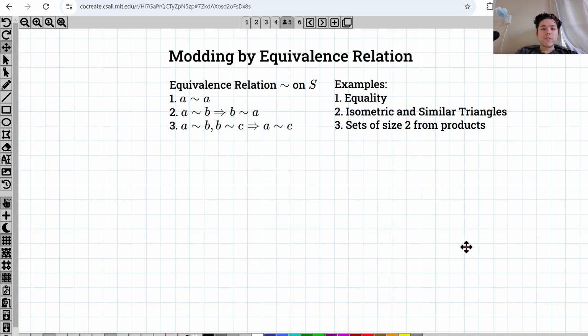And part of that is that this is something that you really only start to hear a lot about if you're taking an abstract algebra course. And it's something that kind of exists in the background a lot of the time, and it has a lot of parts. It's a little intricate. I have to define what an equivalence relation is, and then I have to define that once I have an equivalence relation, what does modding by an equivalence relation really mean?